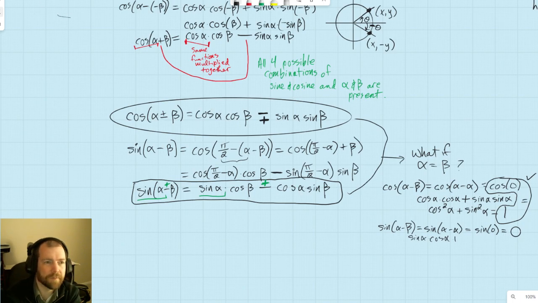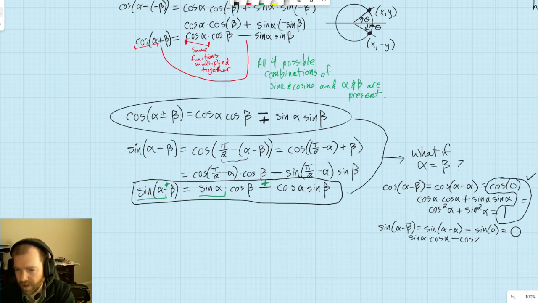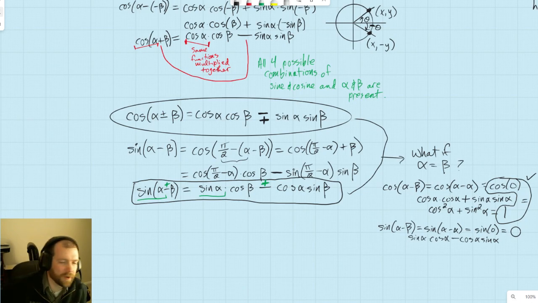See, I did it again. Minus cosine of alpha, sine of alpha. Well, again, these are the same thing. It's just commutative property. So flip around one of them, and now it's the same as the other. So yeah, we get 0.